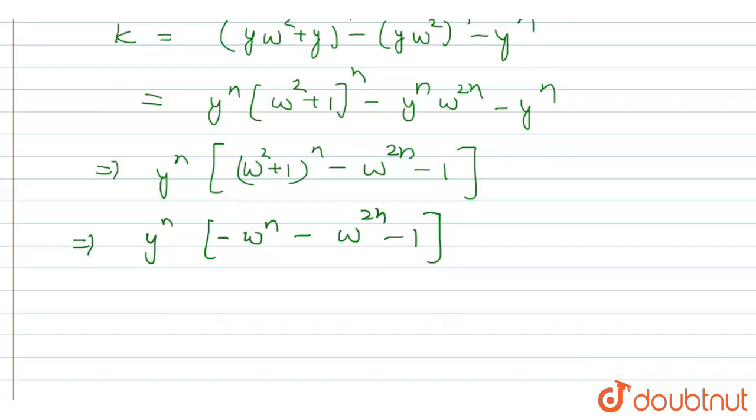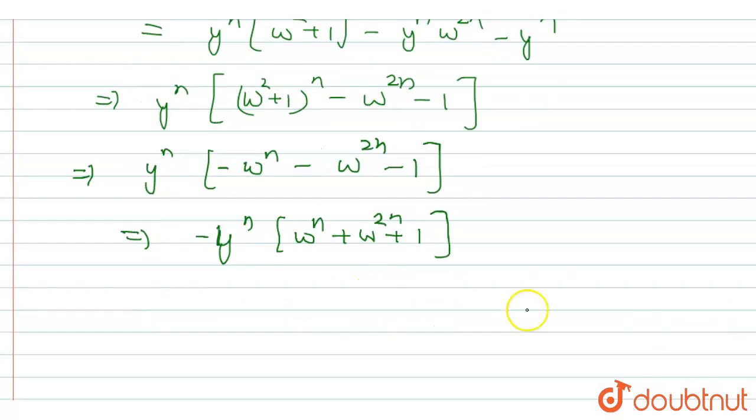So k is y to the power n with a negative sign, omega to the power n plus omega 2n plus 1. Since omega to the power n can never be 1, this value is 0, so the value of k is 0.